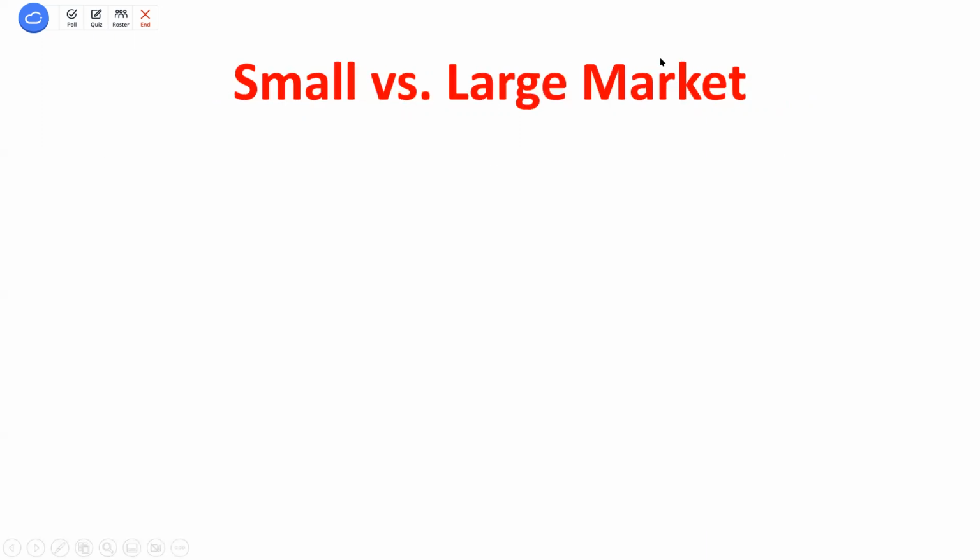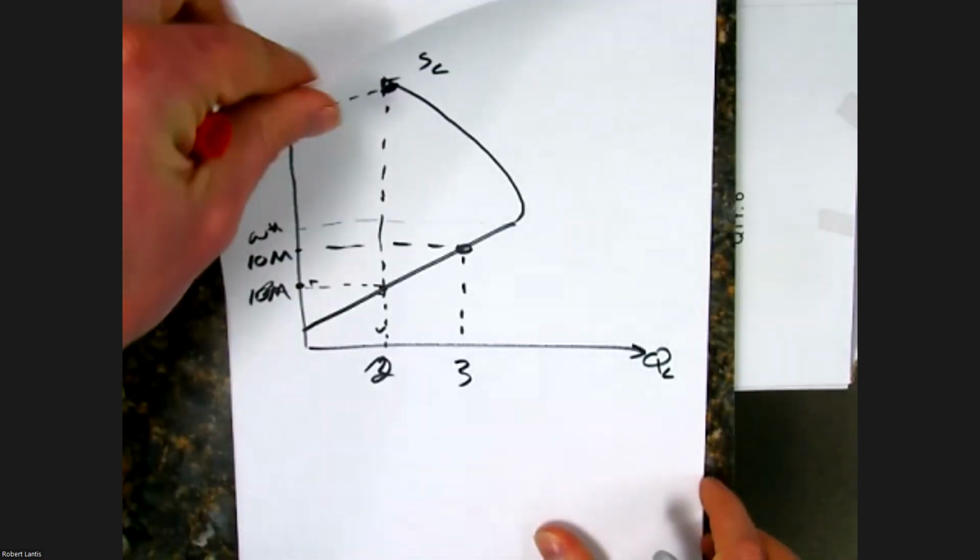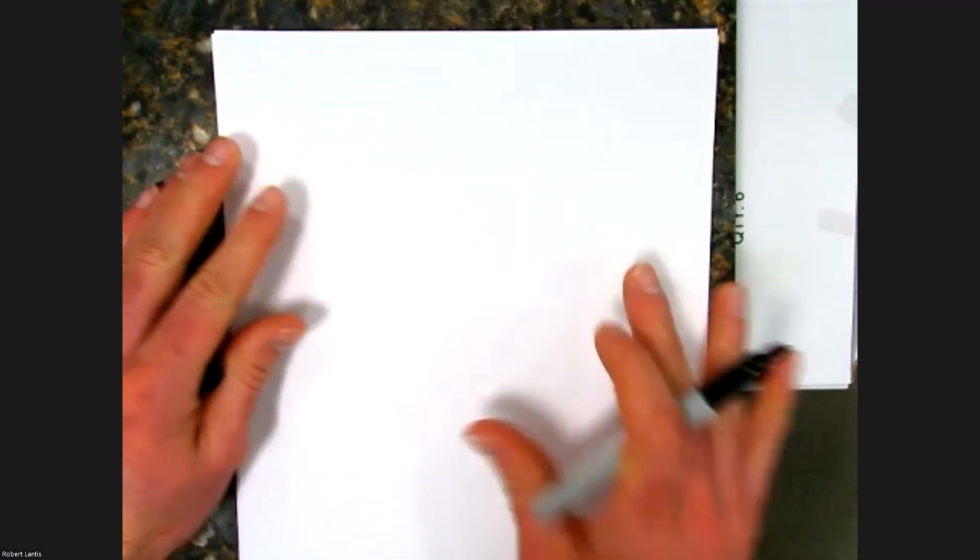I think I'm going to skip this one and start with this. So let's think about wages for different teams, because the demand for labor is not from the entire league. Each team has their own demand. So let's think about some different scenarios. I'll start with large and small markets.